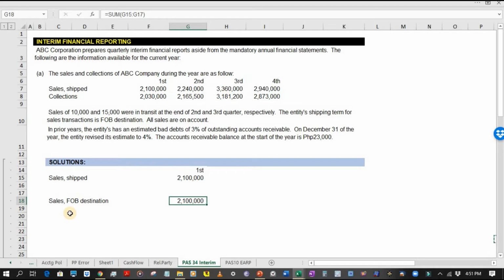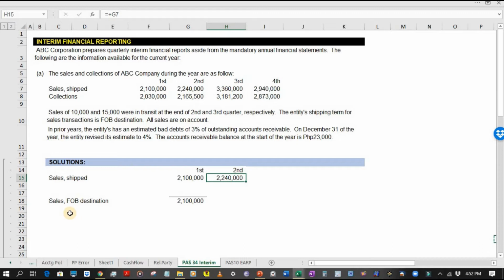For the second quarter, the sales shipped is 2.24 million pesos. The question is, out of 2.24 million pesos, how much sales were already received by the buyer? According to our information, at the end of the second quarter, we have 10,000 goods in transit, which means the 10,000 pesos sales at the end of second quarter were already shipped. However, it is not yet received by the buyer as of the end of the second quarter.